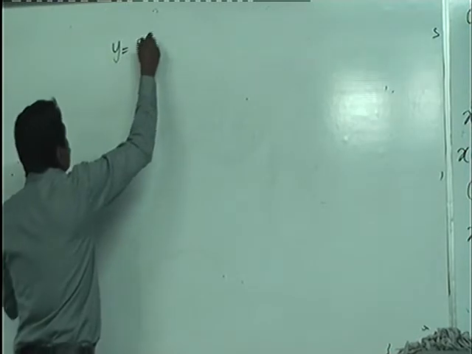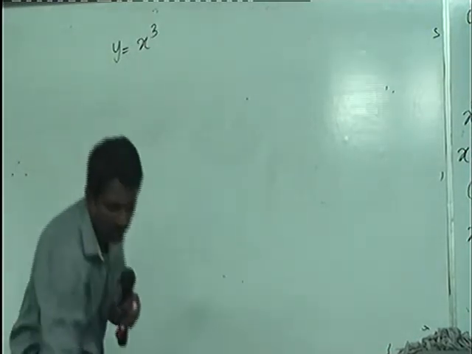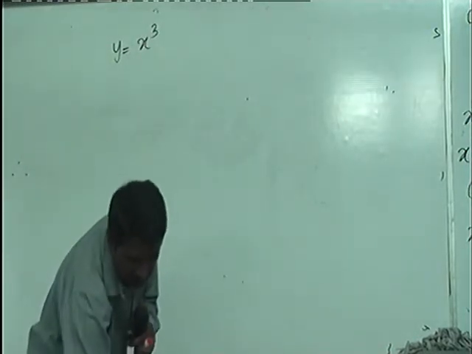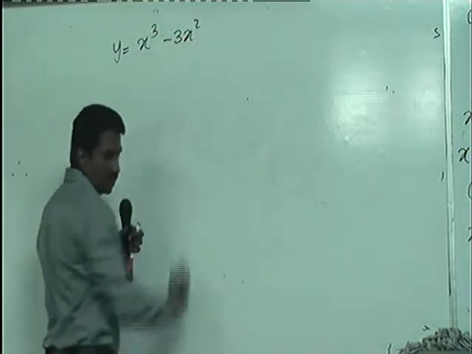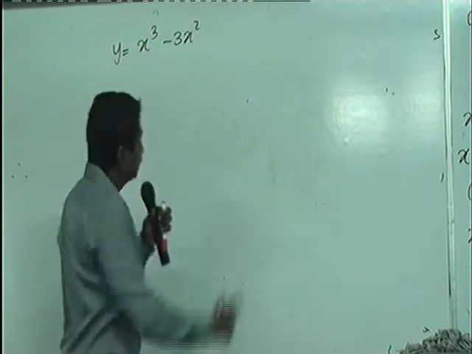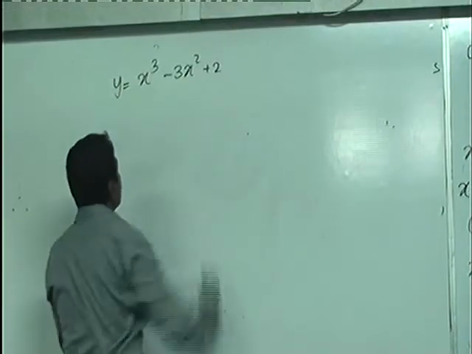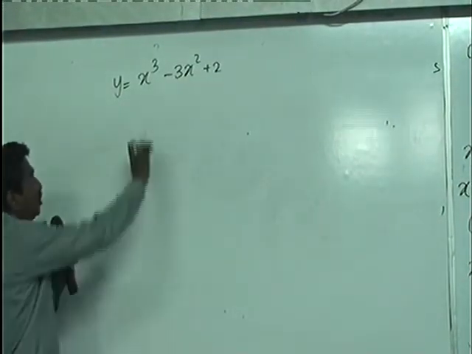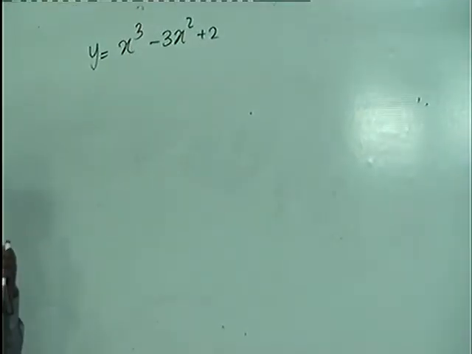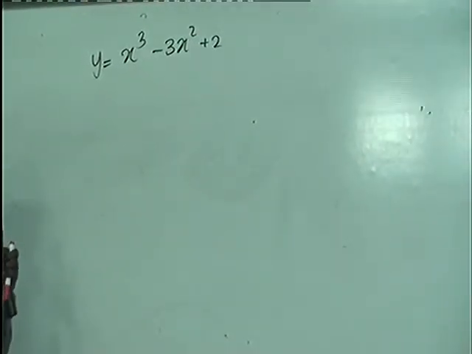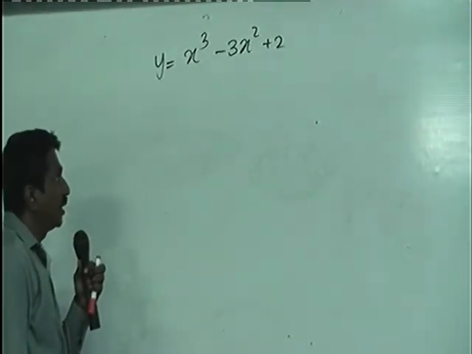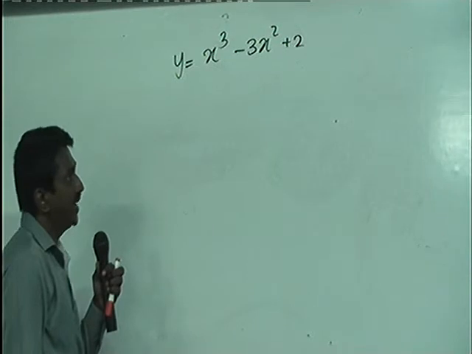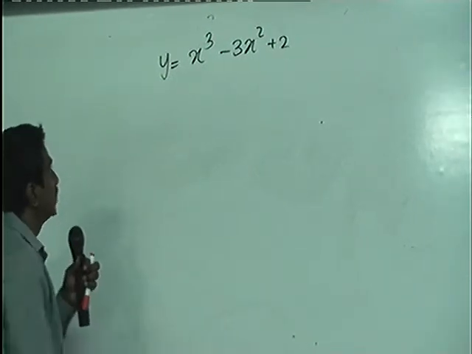Now this is a function with power 3. So if it is a function with power 3, there may be a maximum point as well as minimum point. We'll work out.